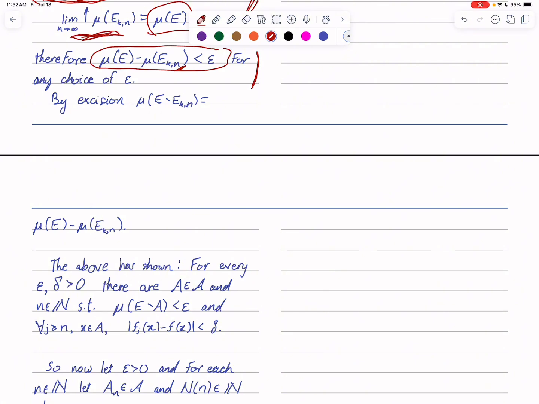Now, that doesn't look exactly like what we want, but it gets a lot closer if we then apply excision, because all of the measures involved are finite. So by excision, the difference between E and E k n is equal to this difference, which we just said is less than epsilon. So we're getting closer. This looks like progress.